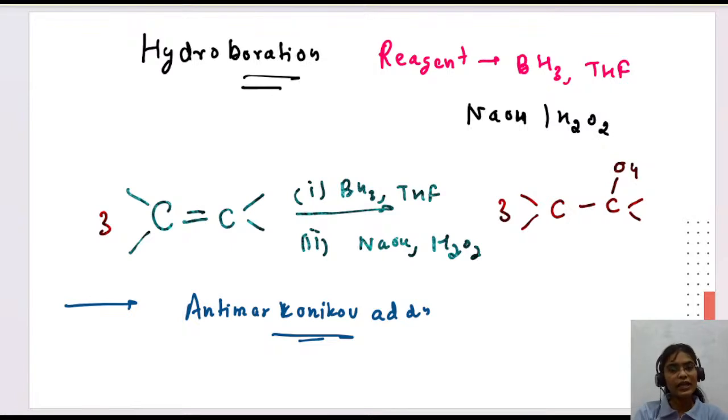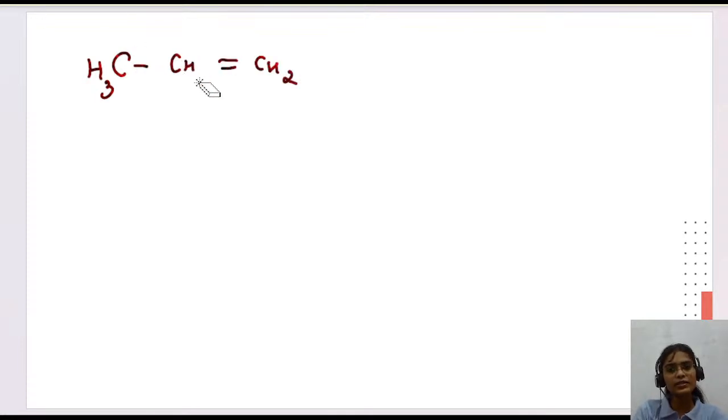Now the question is how to proceed with the mechanism. Maybe you're having a problem with the mechanism, so let me explain the mechanism part to you. Basically we have an asymmetric or unsymmetrical alkene, CH2 double bond CH2 like this. Since we follow anti-Markovnikov addition, we are preparing an alcohol. So what is the product we get in this reaction?